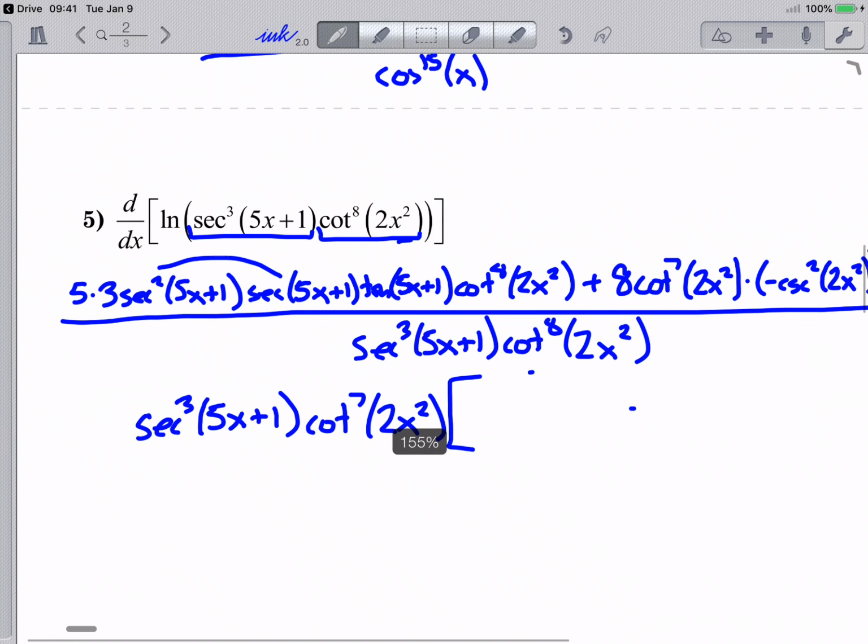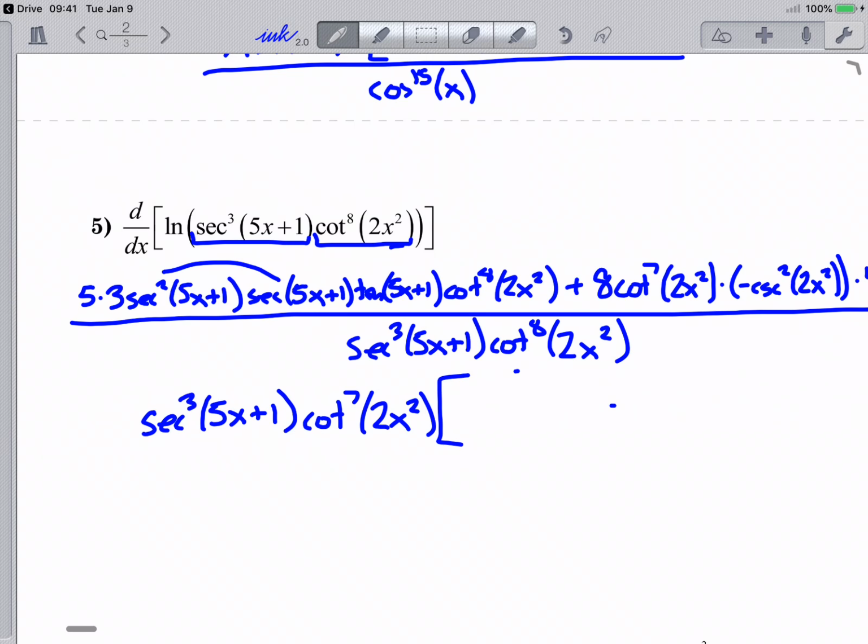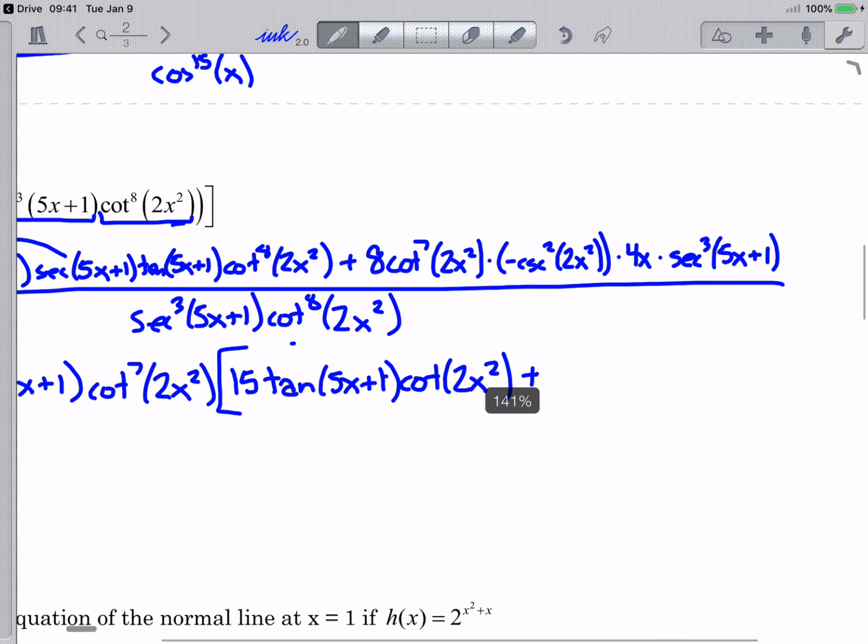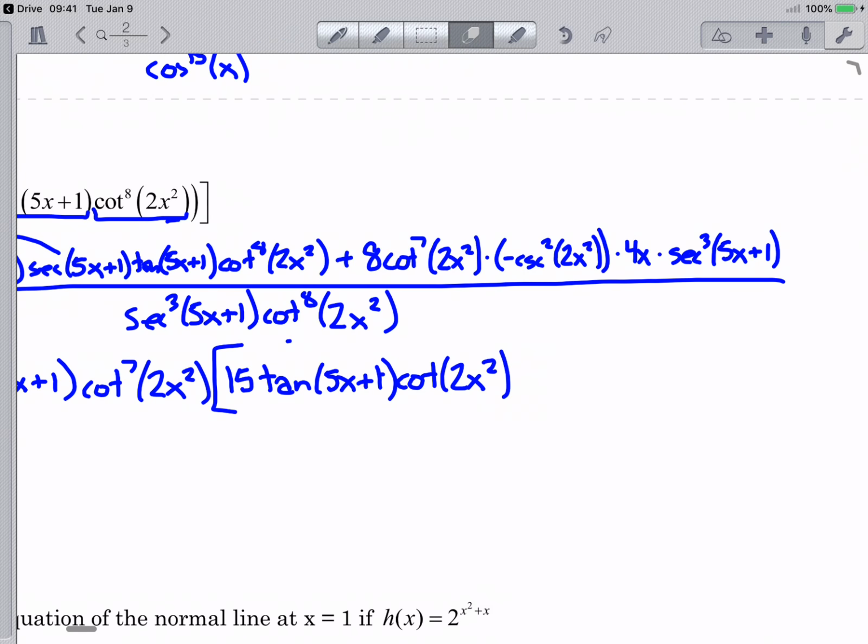Now the question is, what am I left with? Well, I've got a 15. I pulled out all the secants, but I still have a tangent, 5x plus 1. And I still got an extra cotangent left over on this first term. Plus, and I'm going to change that to a minus because I had that negative cosecant.